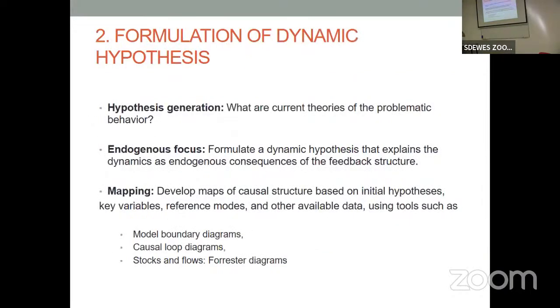Okay, go ahead with the next step. The next step is just the formulation of hypotheses for the problem. So, in order to understand the problem, we need to understand what the current theories of the problem are, and what the dynamic behavior of the data is in that case.